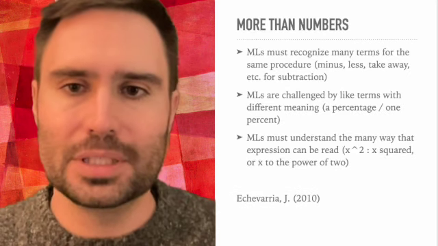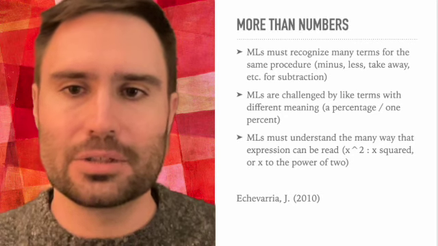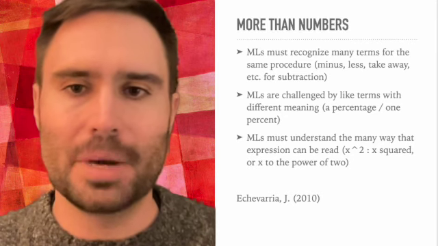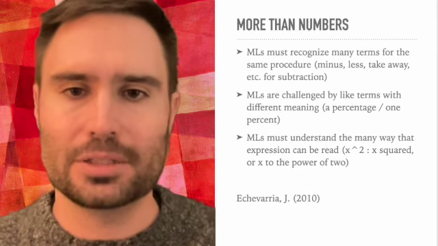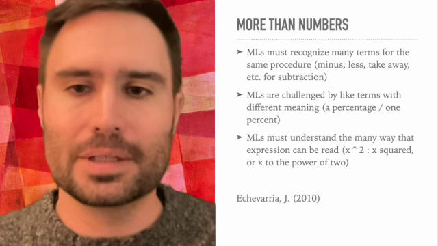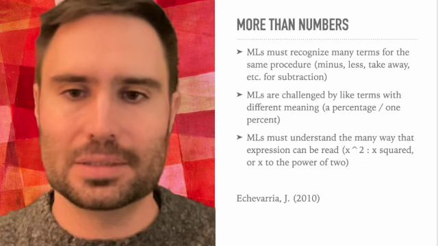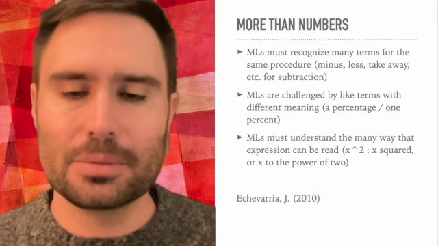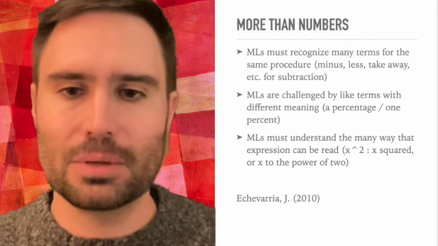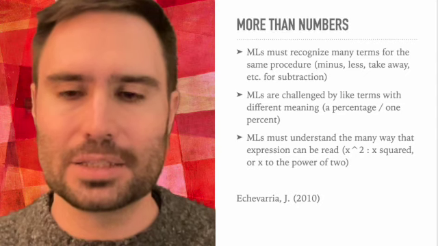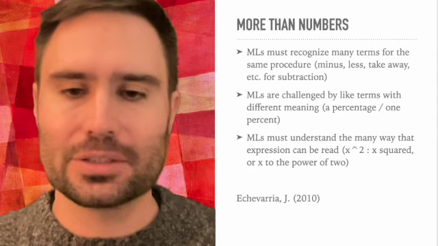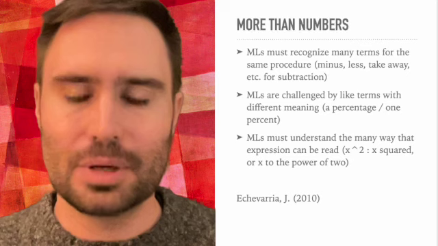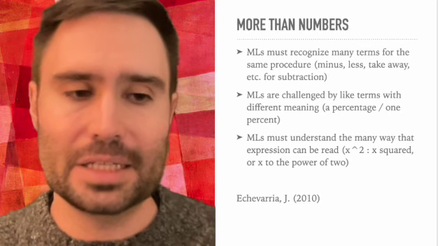Our students will need to recognize terms like terms for the same procedure: minus, less, take away, all for subtraction, or like terms with different meanings, as in a percentage or 1%. Also, students will need to recognize when we discuss these concepts, x squared and x to the power of 2 represent or express the same idea.